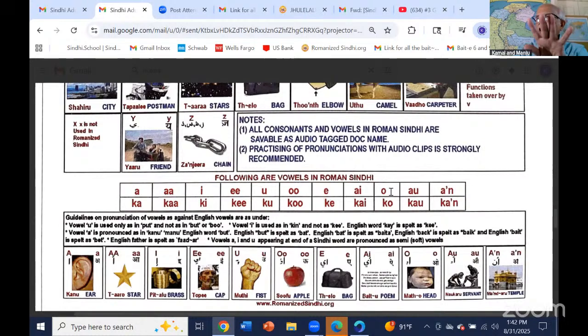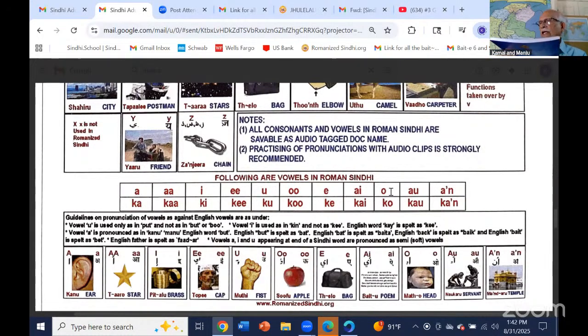So e, these four vowels, they end up at the end of a word, it becomes feminine. Copy. Copy is feminine. Now, O and O, masculine. Kitabu.